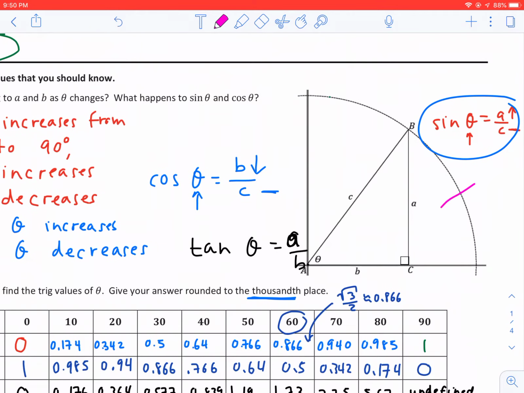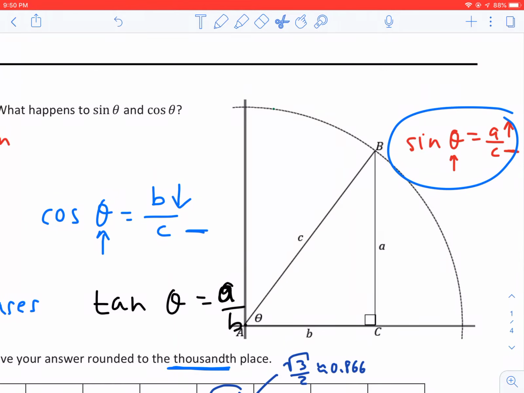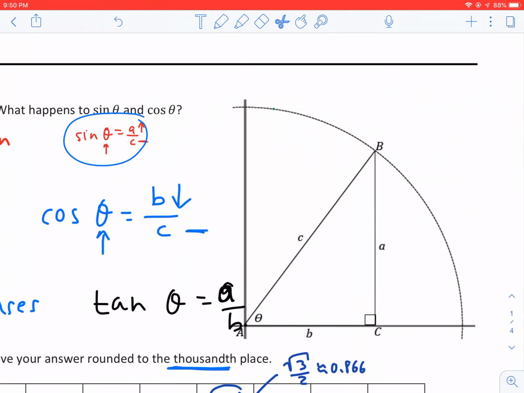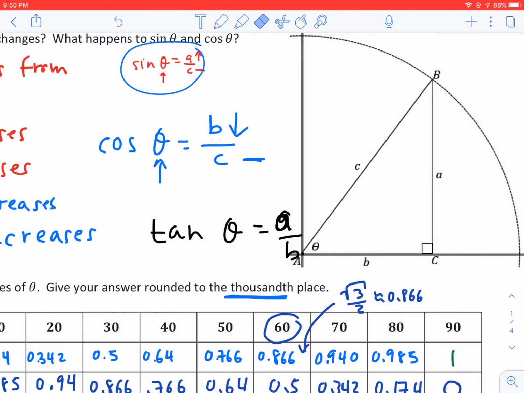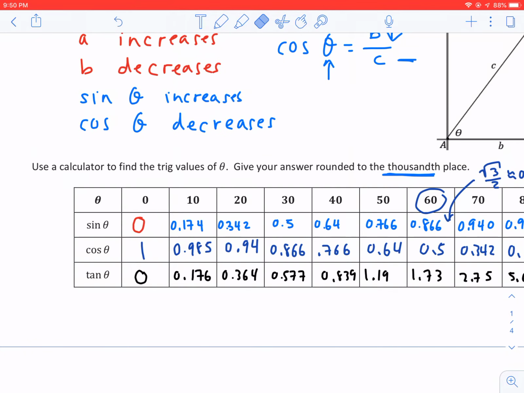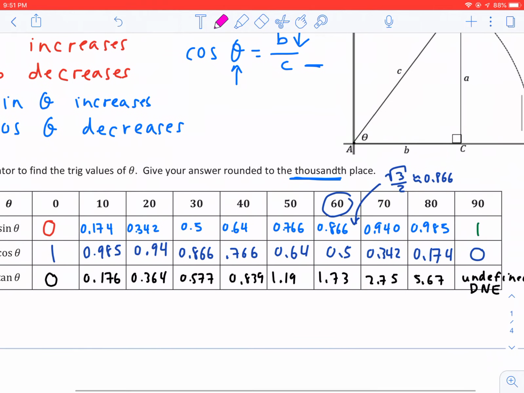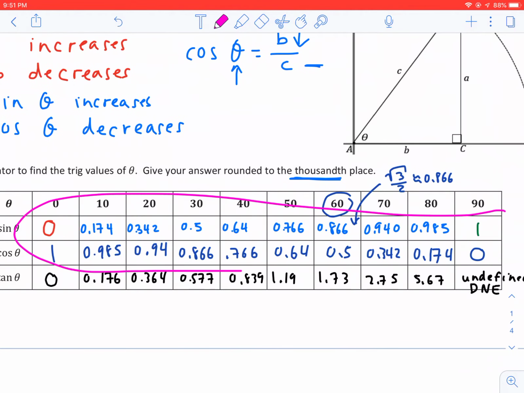But there's something pretty cool we need to talk about with tangent. Let me just move this stuff away, and erase that. Alright, so tangent is opposite over adjacent. Right? If you take a look at sine and cosine, the numbers don't get bigger than 1. Because sine and cosine are opposite over hypotenuse and adjacent over hypotenuse.